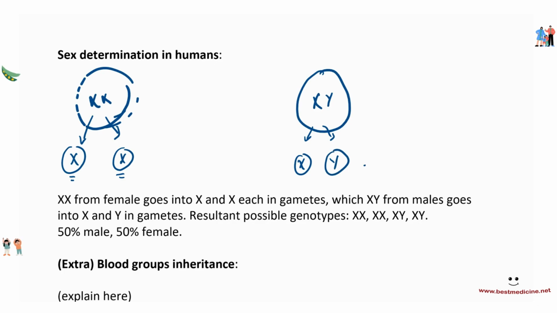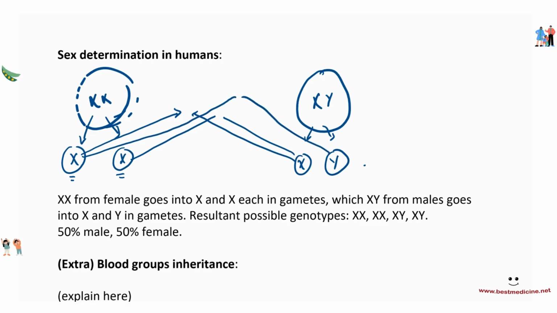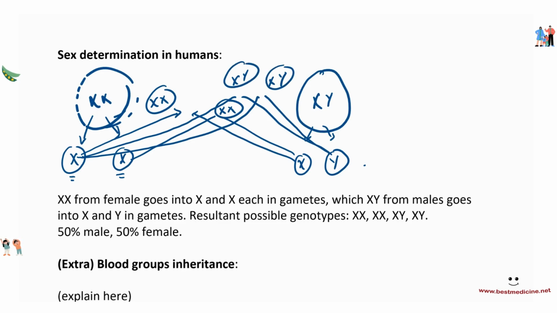And now what occurs is that you have fertilization. So either this gamete can fertilize with this gamete, or this gamete can fertilize with that gamete, or this gamete can fertilize with that gamete, giving you XX, XX, or XY, XY as offspring.